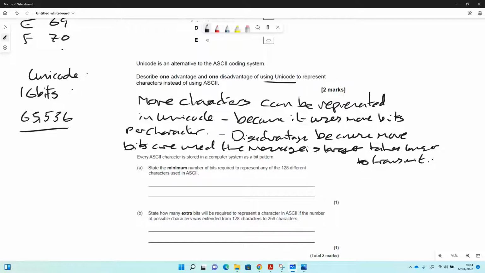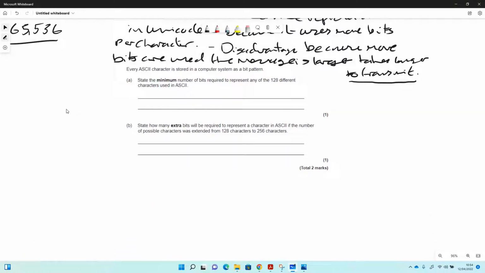So that's a perfectly good answer for that. You could say that because there are more bits, it takes more storage. It does take more storage, but these days storage is not so expensive as it used to be, and we're more interested generally in transmission times, but either of those are still a fine answer, no problem.